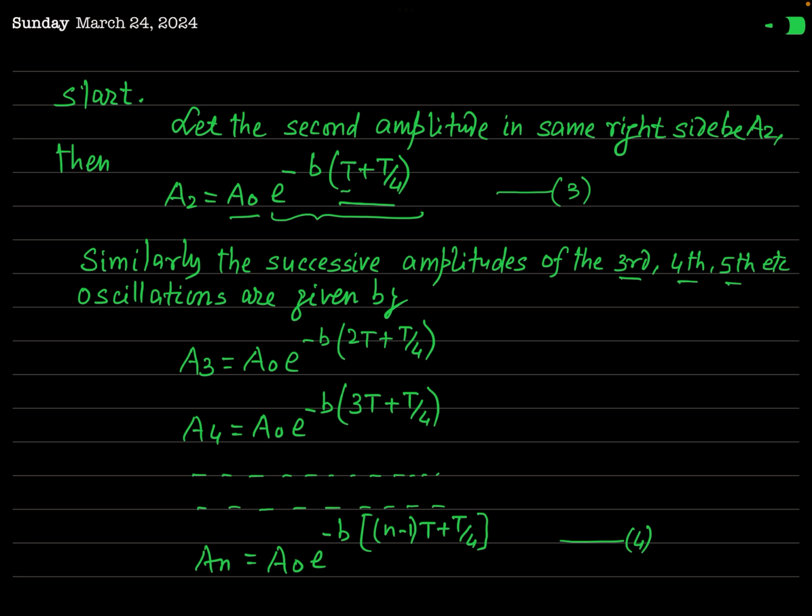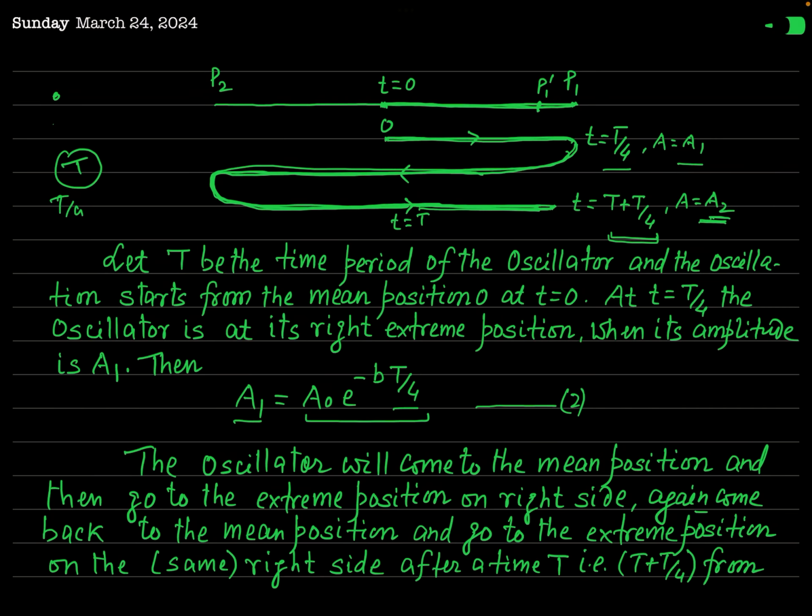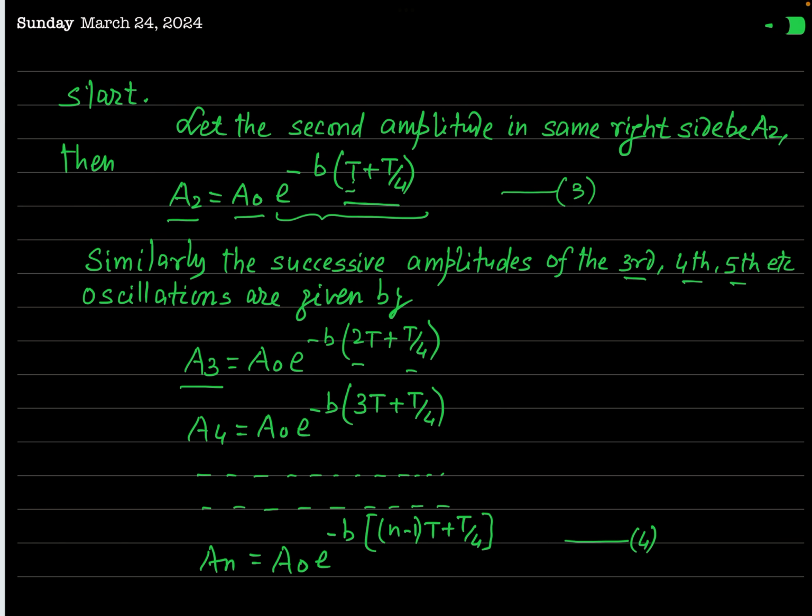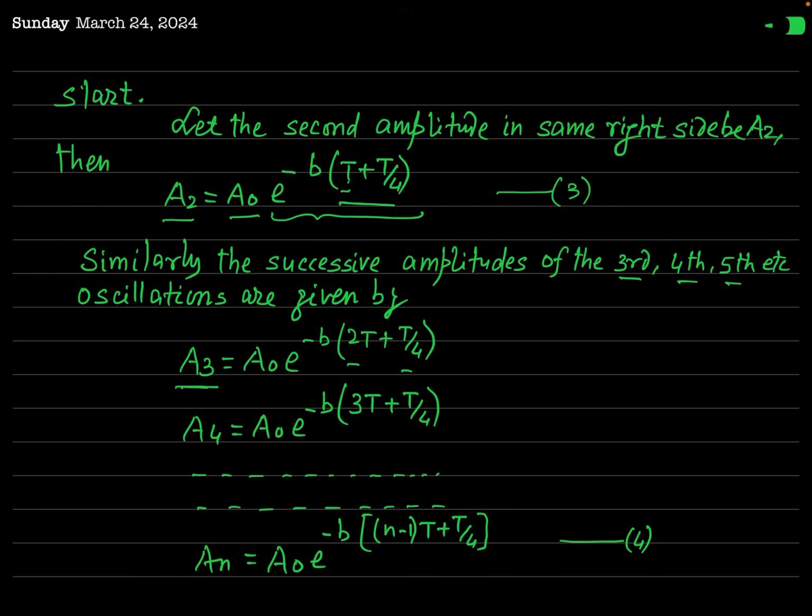So on the basis of these results we can say that A3 will be equal to A naught e to the power minus B times 2T plus T by 4. You can see when we calculated A2, here is T, it means 1T. When you calculated A1, T is not present, it means 0T. So when you write the expression for A3, there will be 2T. And when you write A4, there will be 3T.